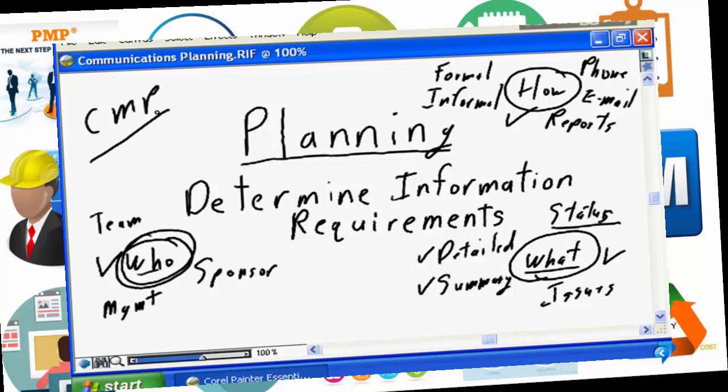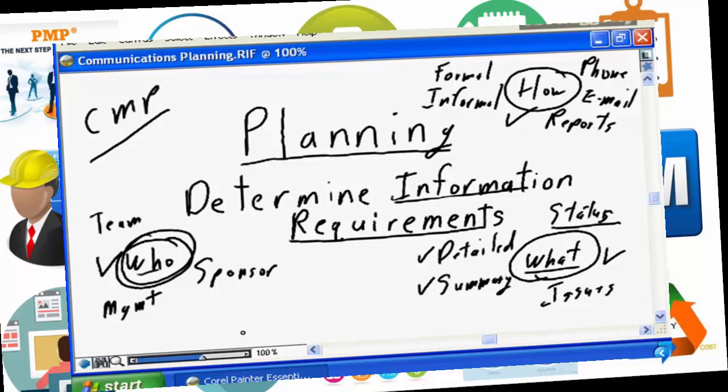that will define the processes that will be used by you, the project manager, the processes that will be used by the team to distribute the appropriate information, the what, using the appropriate vehicles, the how, either formally or informally, to ensure that the information requirements of all project stakeholders are being satisfied.